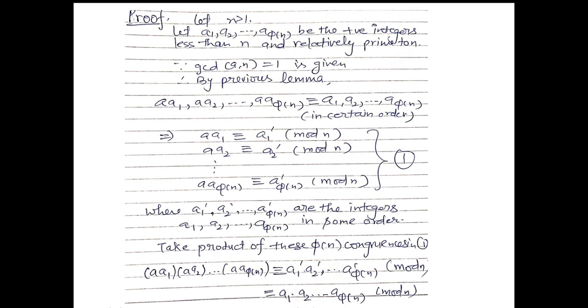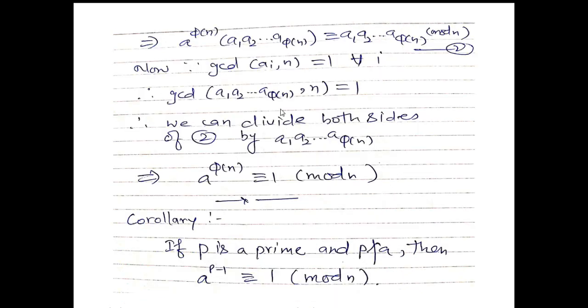So this product is equal to a1, a2, up to a phi n. Taking a to the power phi n common, we get a to the power phi n times a1 a2 up to a phi n, congruent to a1 a2 up to a phi n. Cancel a1 a2 up to a phi n. You can cancel them because it is given that GCD of ai and n is 1. Therefore, we can divide both sides by a1 a2 up to a phi n. This implies that a to the power phi n is congruent to 1 modulo n.